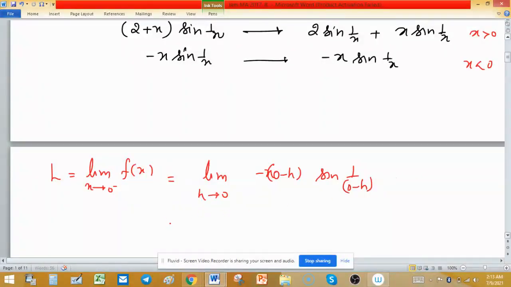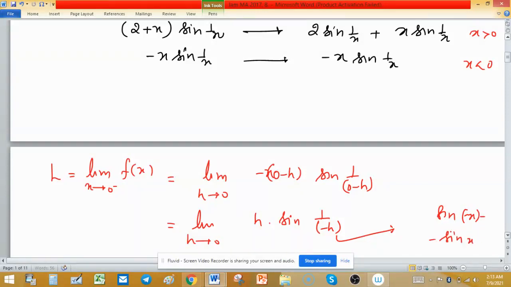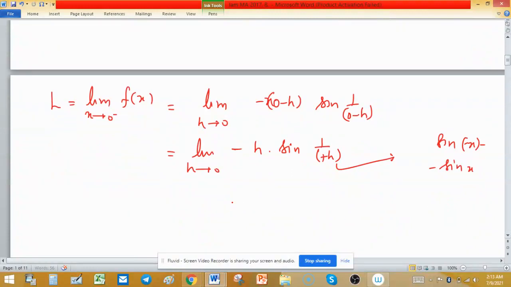So we have limit h tends to 0 of h into sine 1 upon minus h. Since sine of minus x is equal to minus of sine x, I put minus here and make it positive. So this looks like minus of limit h tends to 0 of h into sine 1 upon h.